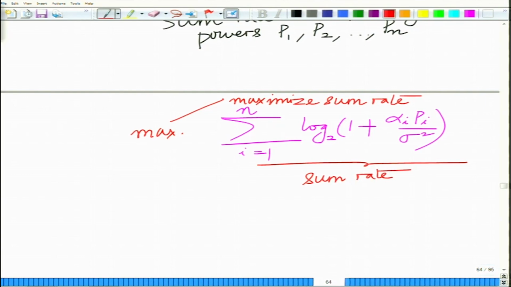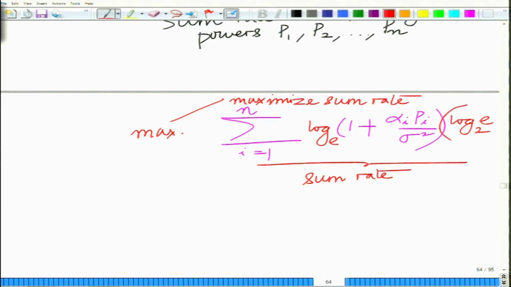Now, I am going to do a minor modification here. Instead of choosing log to the base 2, I am going to choose log to the base e times log e to the base 2. So, that is a natural logarithm. I am simply going to write it as log, or log to the base e.